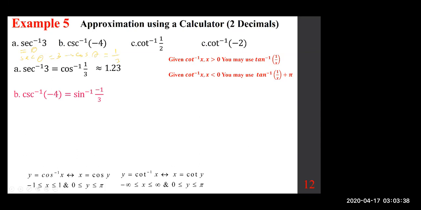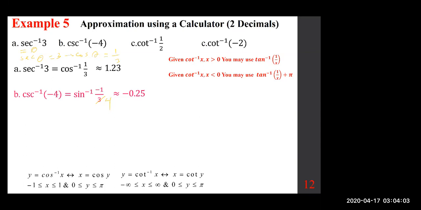I apologize, I wrote it wrong earlier, class. So it's -4. Everybody got that? The reciprocal of -4 is -1/4. Now you use a calculator.